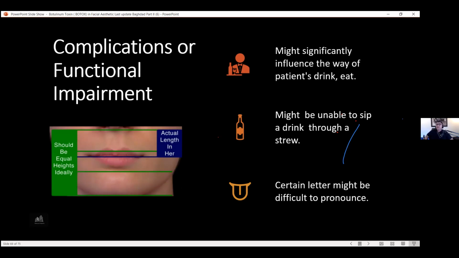But unfortunately, we don't have any FDA-approved antidote till now. There are many studies. I would like to mention this point, guys. A lot of studies now are working on the antidote or immediate antagonism to the unwanted botulinum toxin complication.